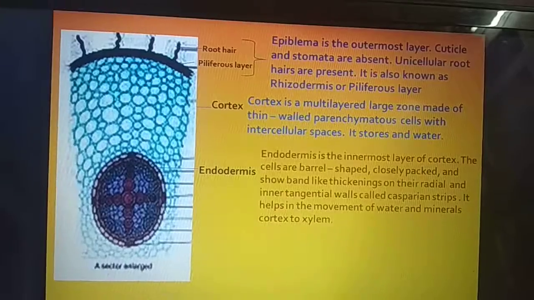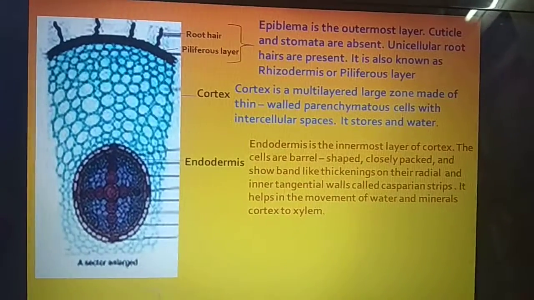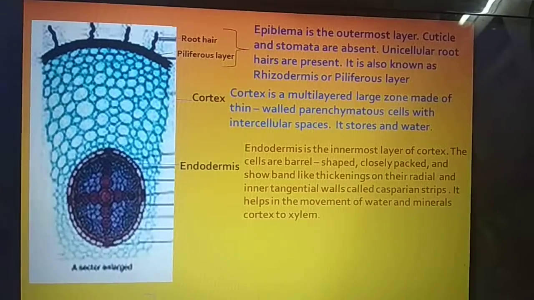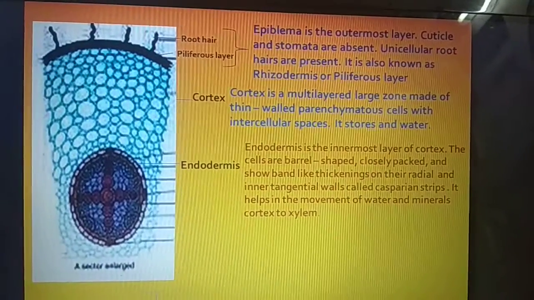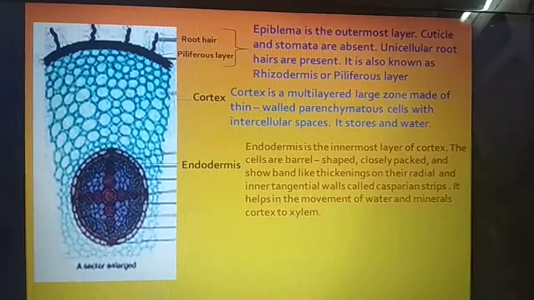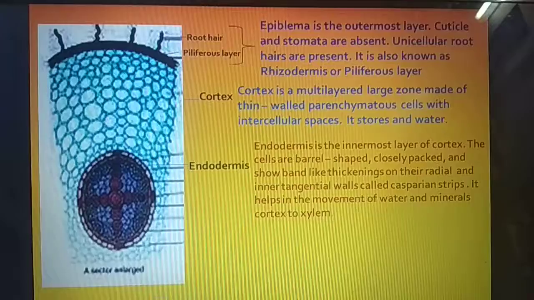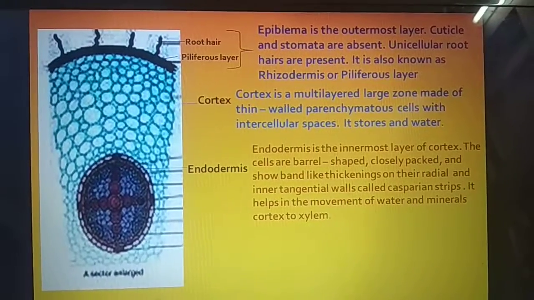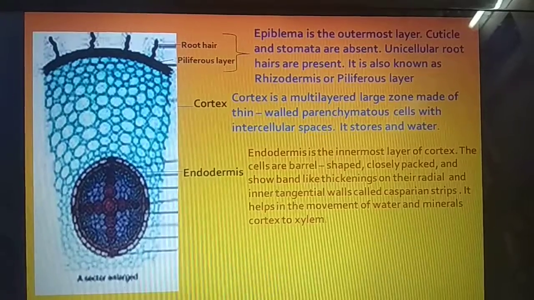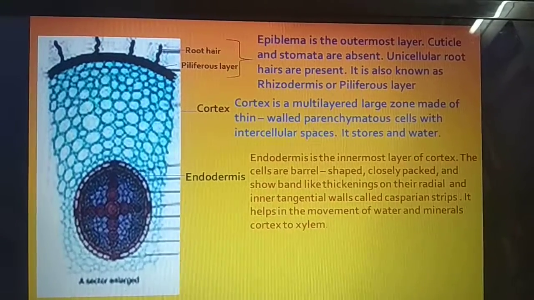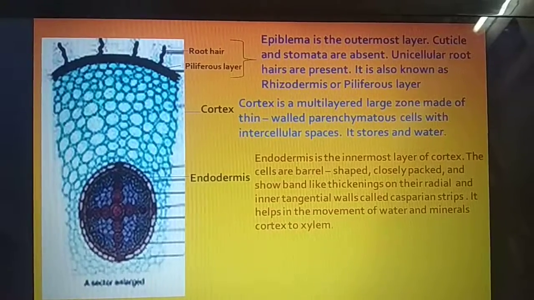Next one, endodermis. Endodermis is the innermost layer of the cortex. The cells are barrel shaped, which means cylinder shaped, and closely packed. No intercellular space, and they show band-like thickening on the radial and inner tangential walls, called Casparian stripe.